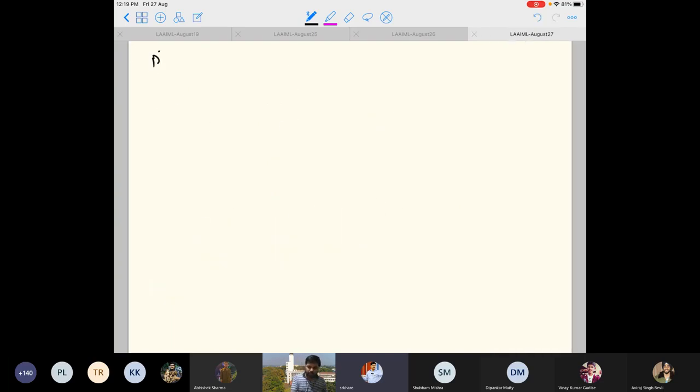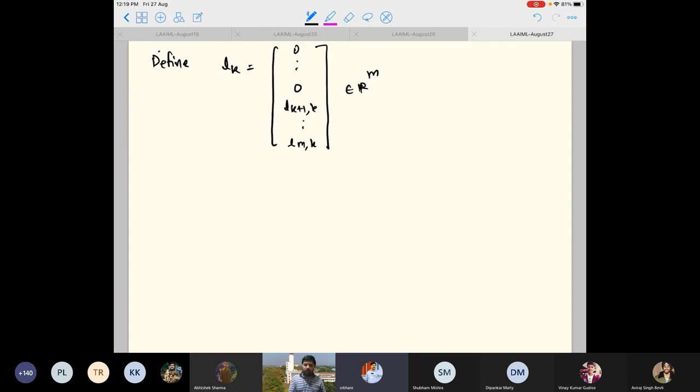So I define one more notation. I define the vector lk to be this: 0 up to 0 and l k plus 1 k up to l m k. So this is the vector in R m that I define. What is the property?